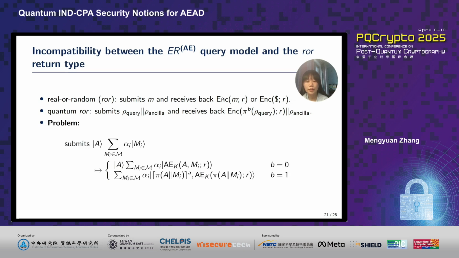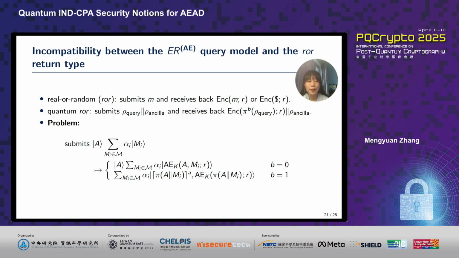Then the following issue arises. Suppose the adversary submits this quantum state as a challenge query, where A is a single quantum state and M is in superposition. Then when bit B is 0, we just send this query through the ERA oracle, so the A register remains unchanged.